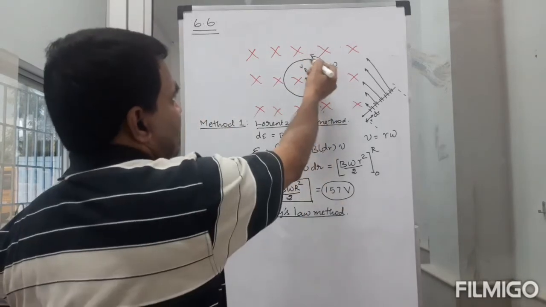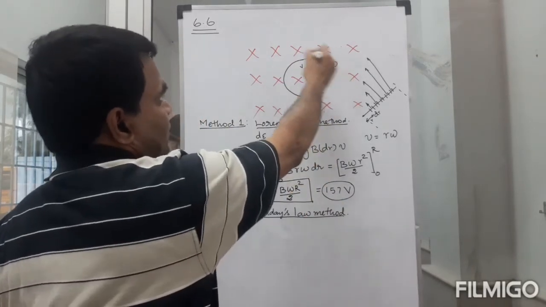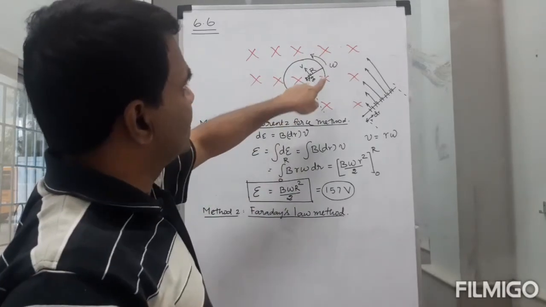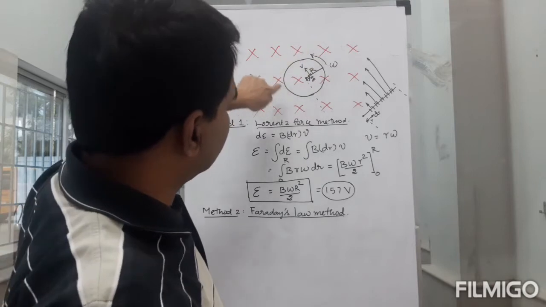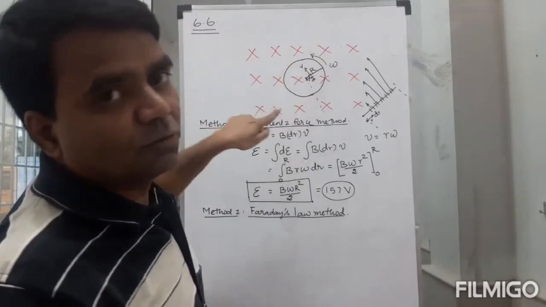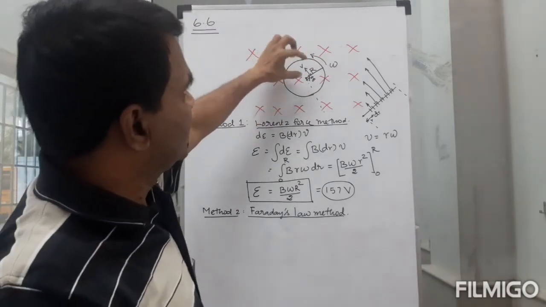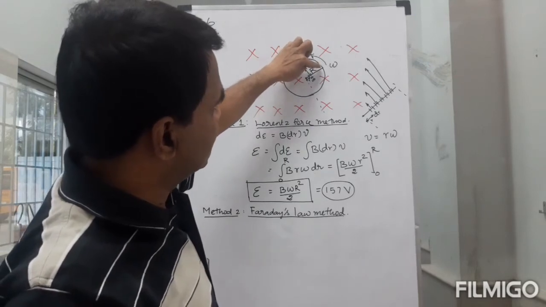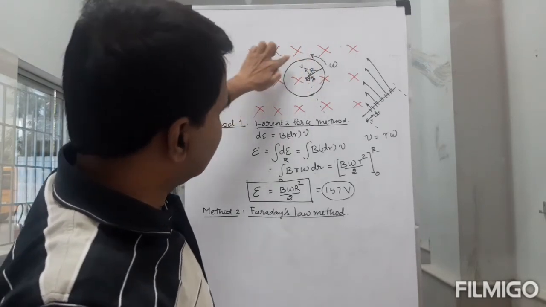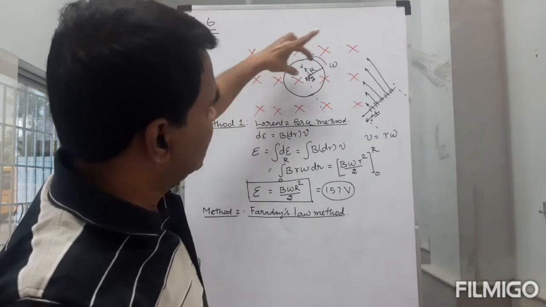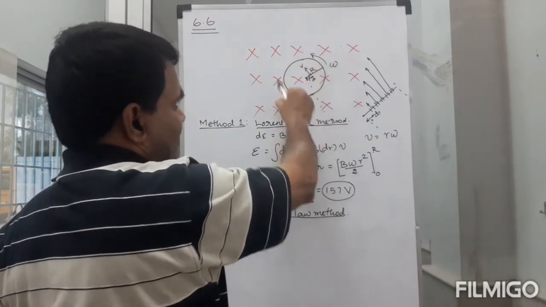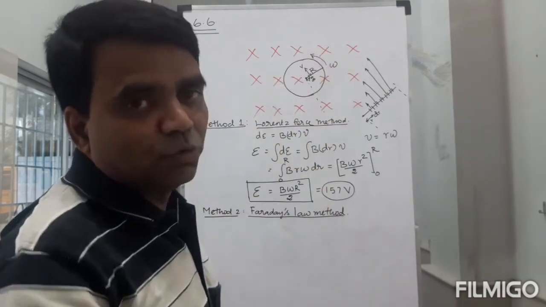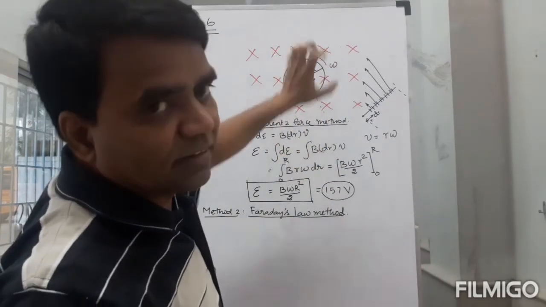No current will flow through this loop, because all the points in that loop will be at the same potential. Just because you have a ring doesn't mean you will have current flowing through that loop. There is no EMF generated in this loop. EMF is generated only here, because that is what is moving. The ring isn't moving, so no EMF will be generated like that.